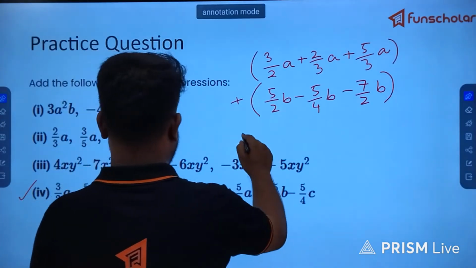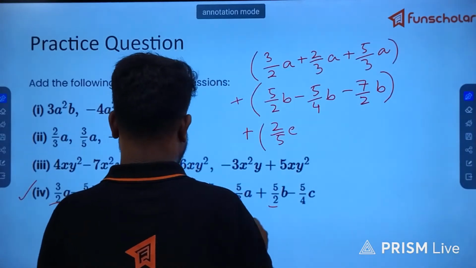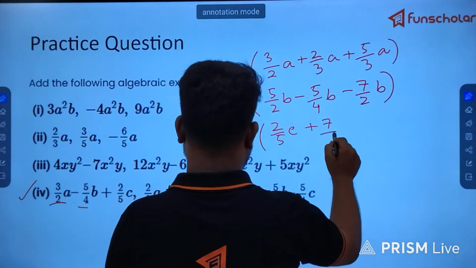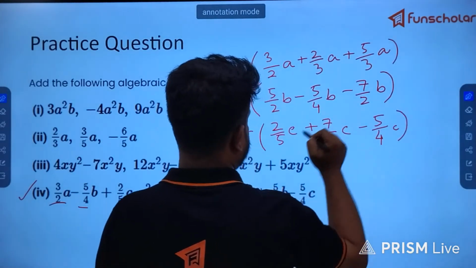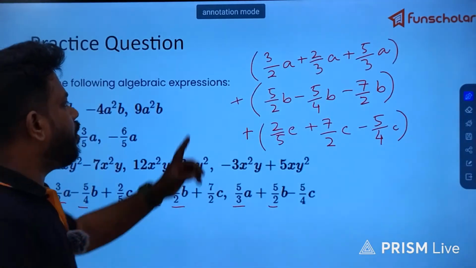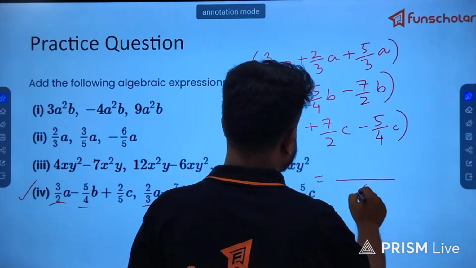Now we have 2 by 5 c plus 7 by 2 c minus 5 by 4 c. Okay, so from the first three we will be getting the LCM as 6.